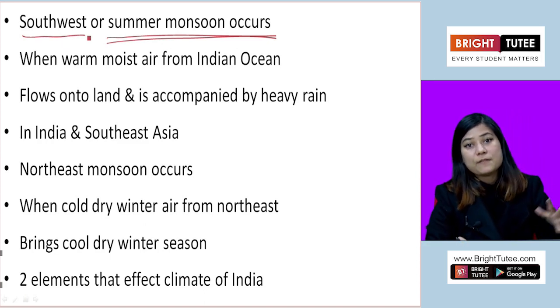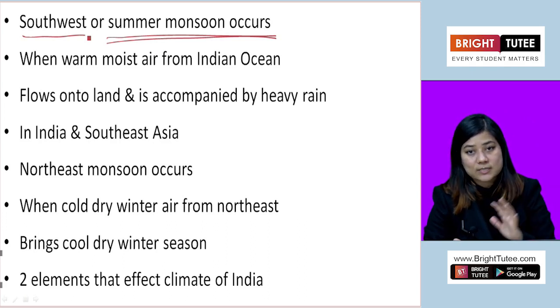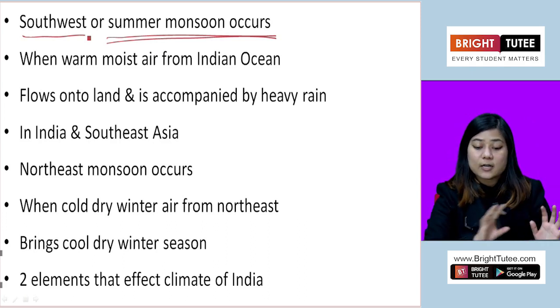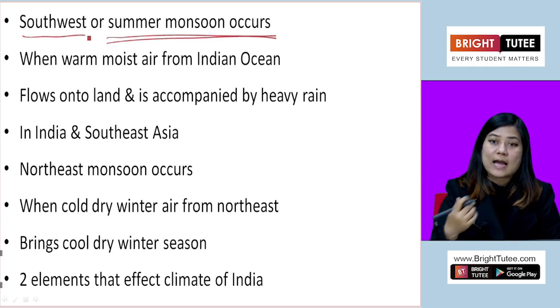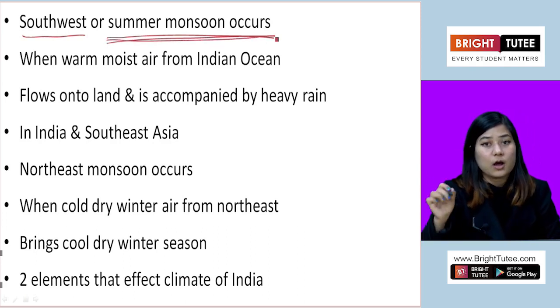If the monsoon wind is blowing from the southwestern part of India towards the northeast, then summer monsoon occurs.